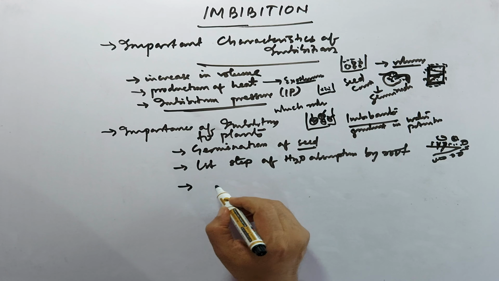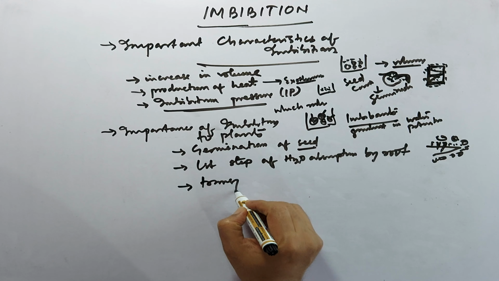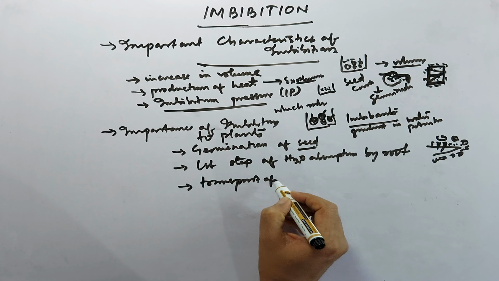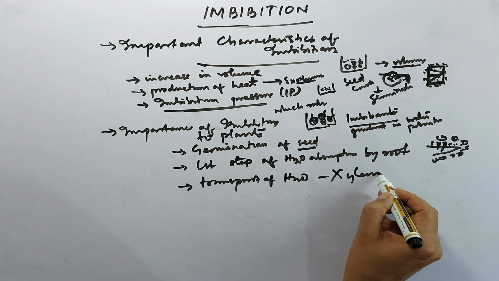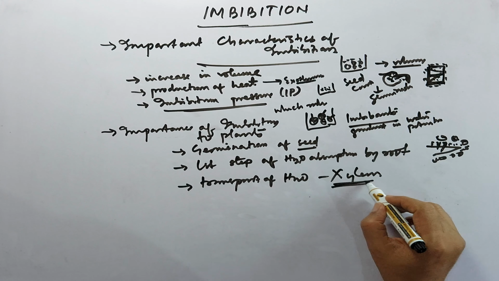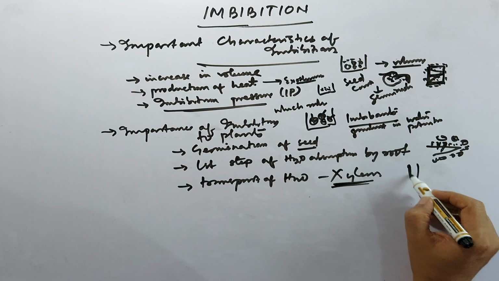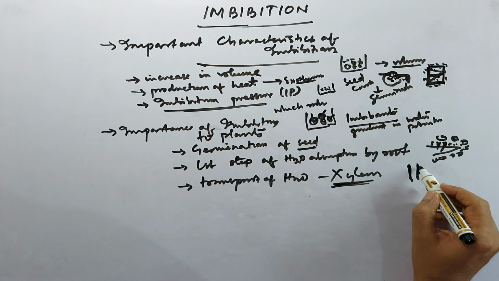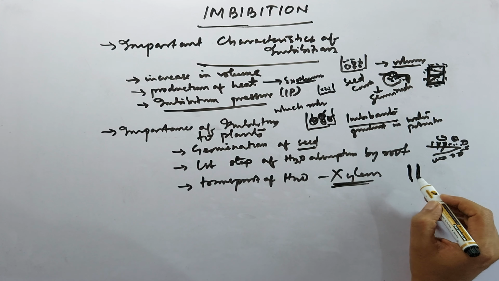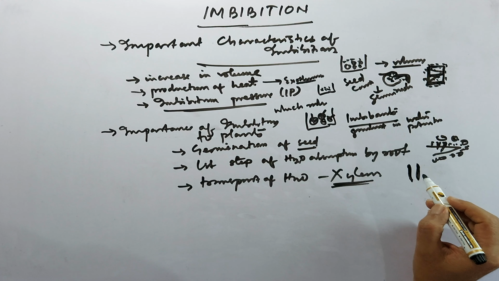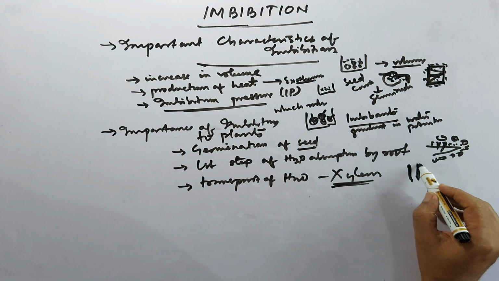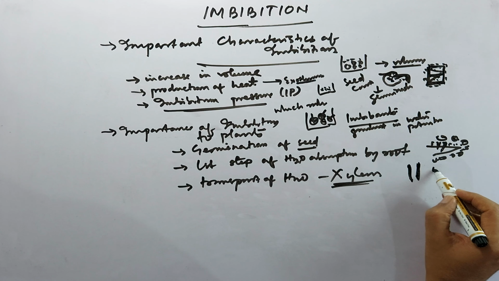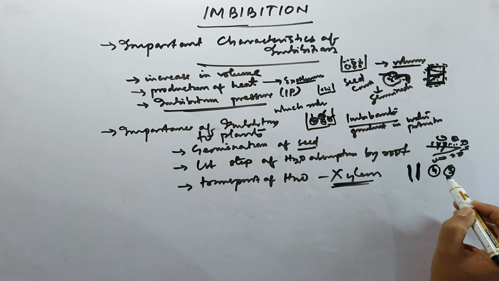Then there is transport of water through the xylem. The xylem contains vessels, xylem parenchyma, wood fibers and tracheids. Three of these are non-living and one, the xylem parenchyma, is living.